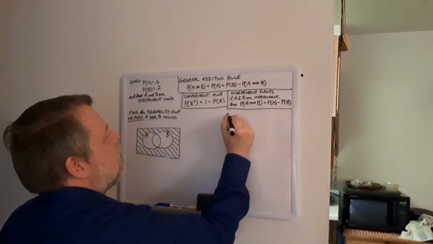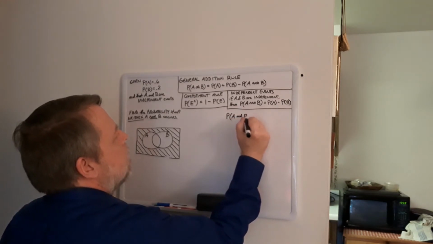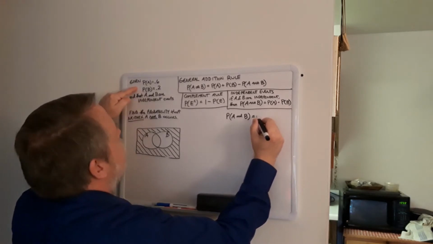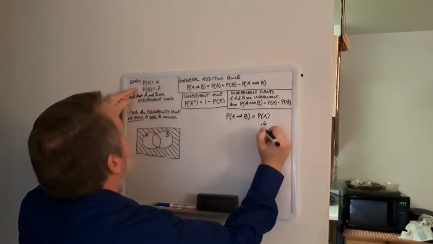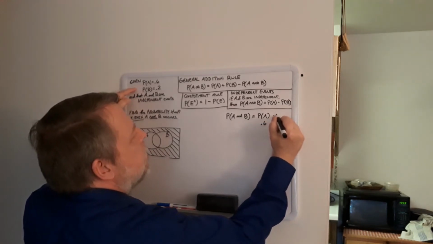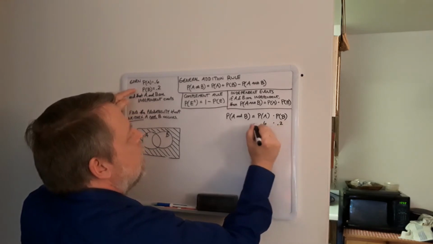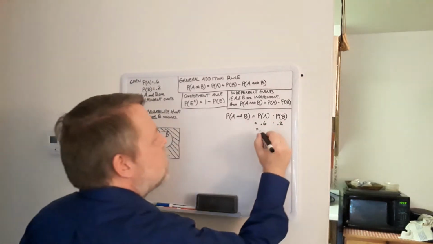So if I want the probability of A and B, that's going to be the probability of A, 0.6, times the probability of B, 0.2. So you multiply those two, you get 0.6 times 0.2 is 0.12.